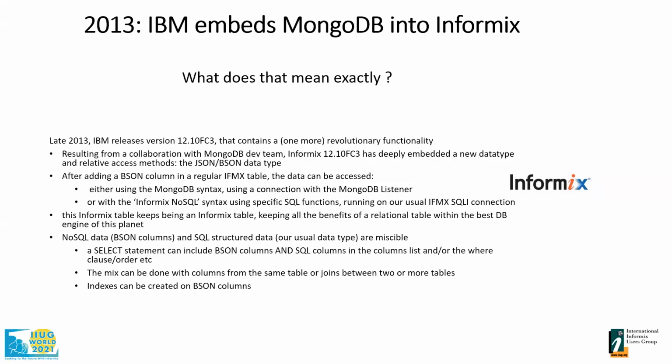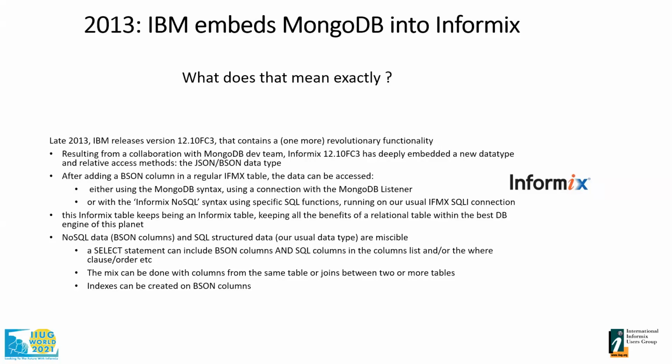So, NoSQL data, that means BSON columns, and SQL structured data, I mean, what we used to use, are miscible. I mean, you can mix them and use them all together. This results in, for instance, doing a select statement with BSON columns and structured SQL columns in the column list, or in the where clause, in the order by, group by, etc. So you can do whatever you can with those columns.